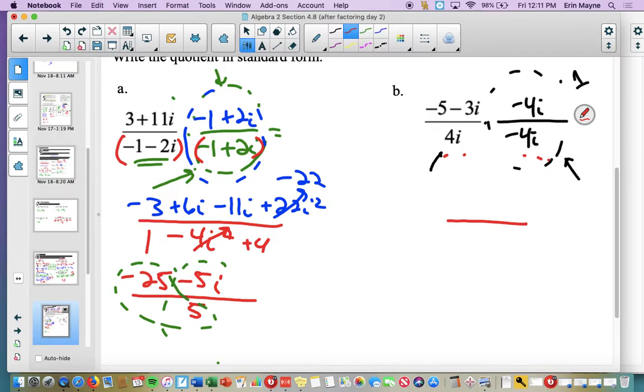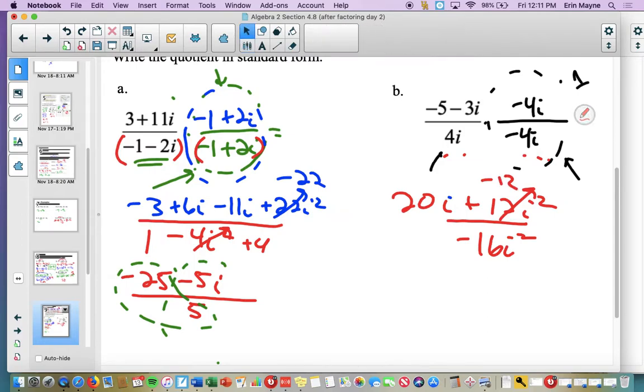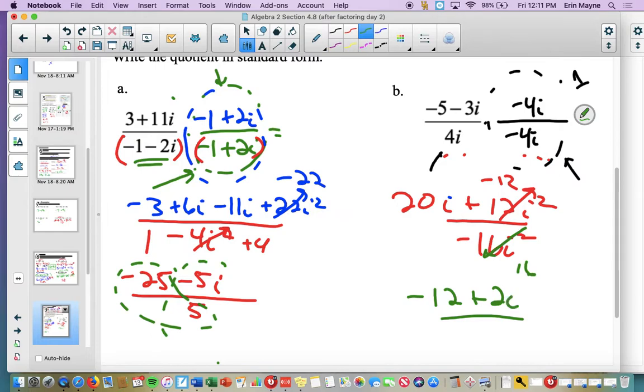On bottom I have negative 16i squared, and on top I have 20i plus 12i squared. We know now this becomes negative 12, and on bottom I have positive 16. So on top I have negative 12 plus 20i, and on bottom I have positive 16. This still is not done.